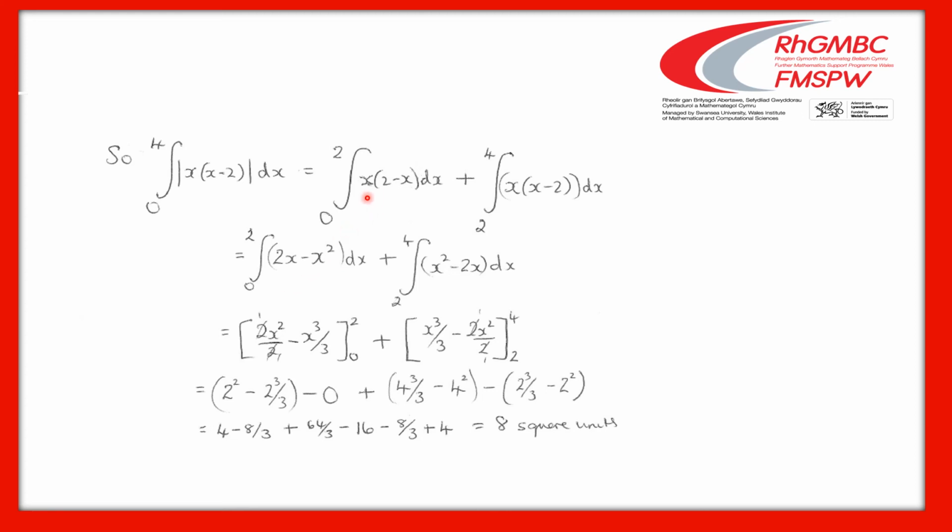So multiplying out the brackets here to give us 2x minus x squared, and here we have x times x minus 2 in the second integral, integrating and then putting in the limits, top limit, bottom limit, and subtracting, and the same with the second integral, and eventually I hope you got the same answer as me, 8 square units.